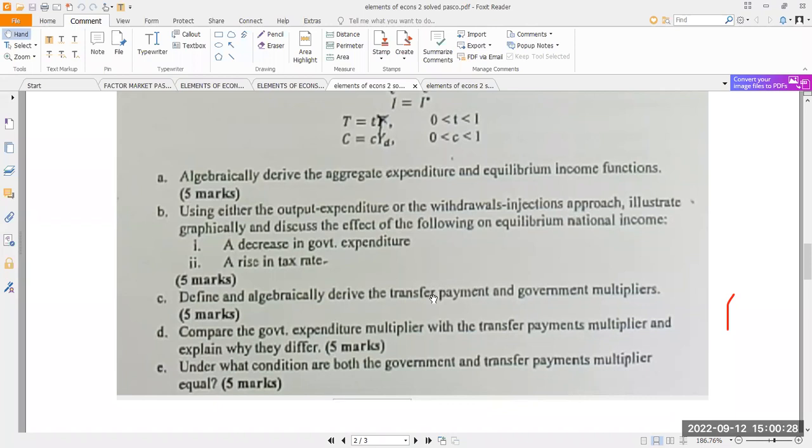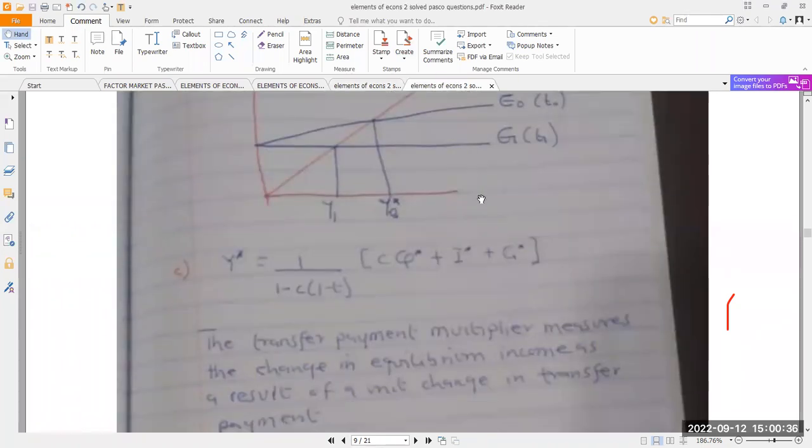So when we talk about the transfer payment multiplier, then by definition, we are talking about the change in income as a result of a unit change in transfer payment.